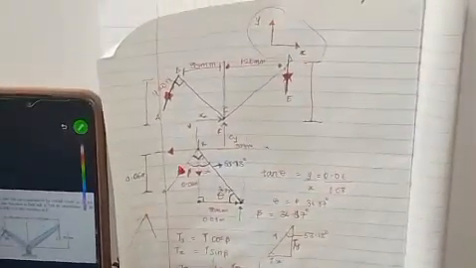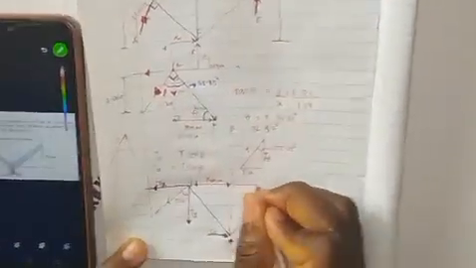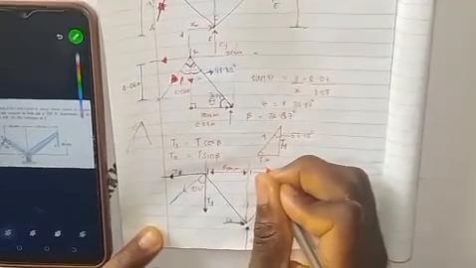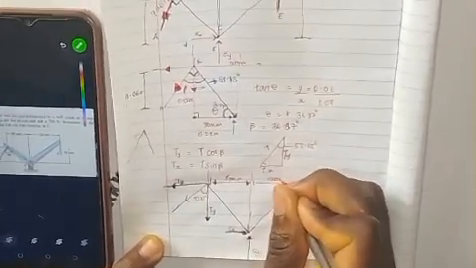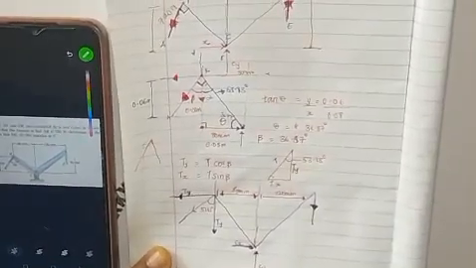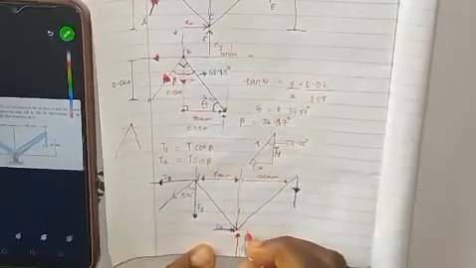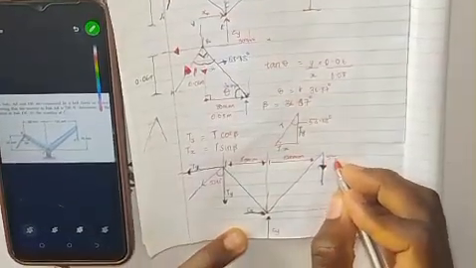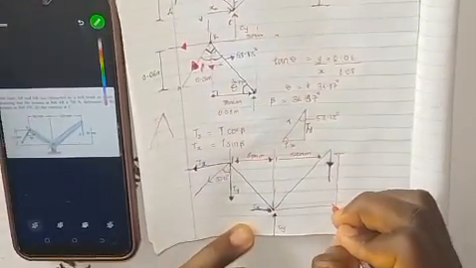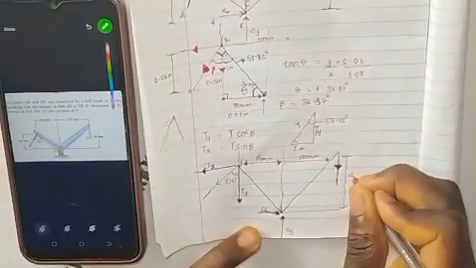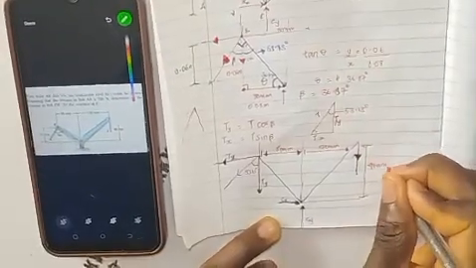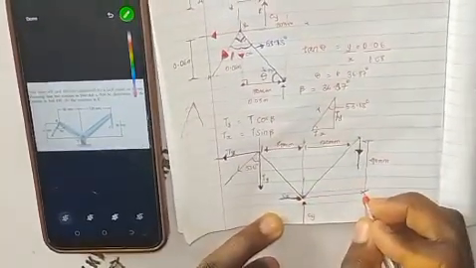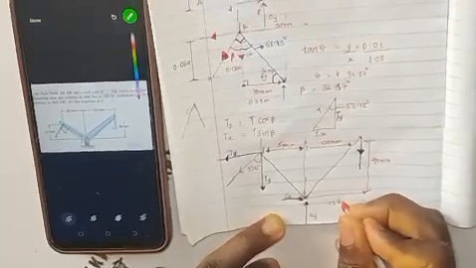Then from here to here it is 120 millimeter. Then from here to here is 90 millimeter. Don't forget what this is saying, from this point to this point. That means here also is 120 millimeter.